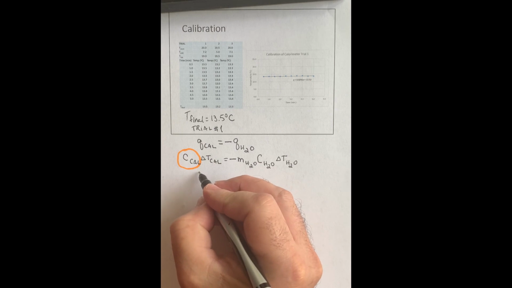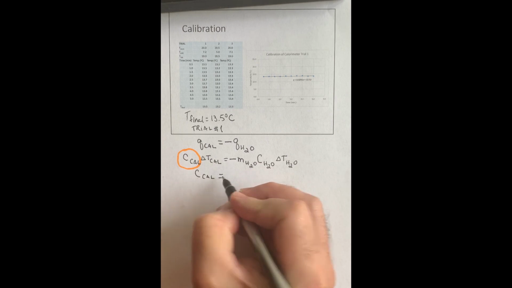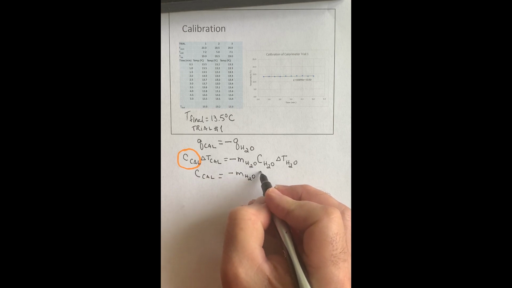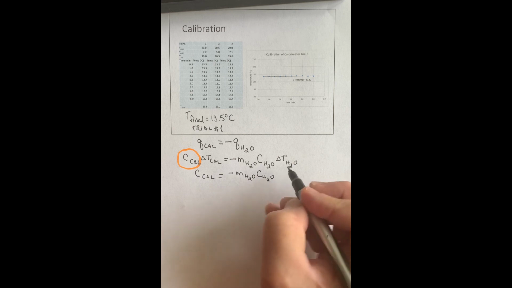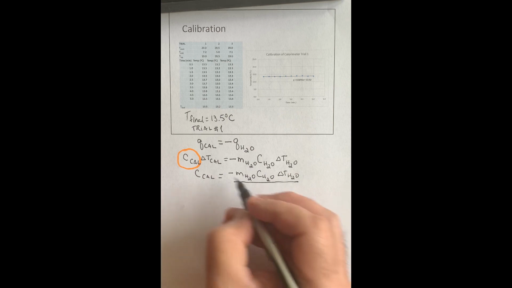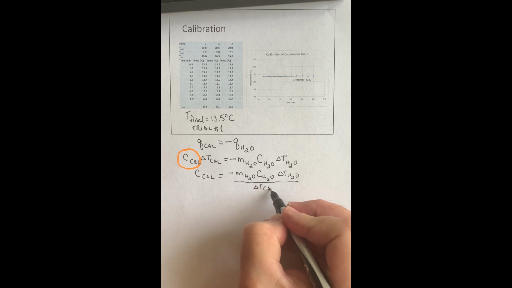So let's rearrange this, and we'll say that C of the calorimeter would be minus the mass of water times the specific heat of water times the temperature change for the water divided by the temperature change for the calorimeter.